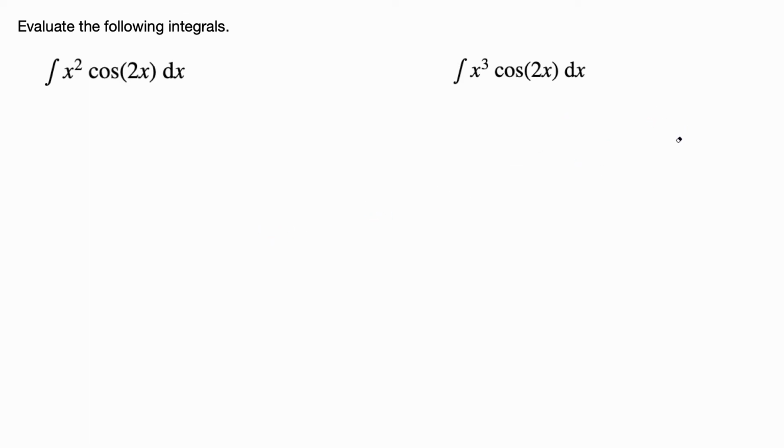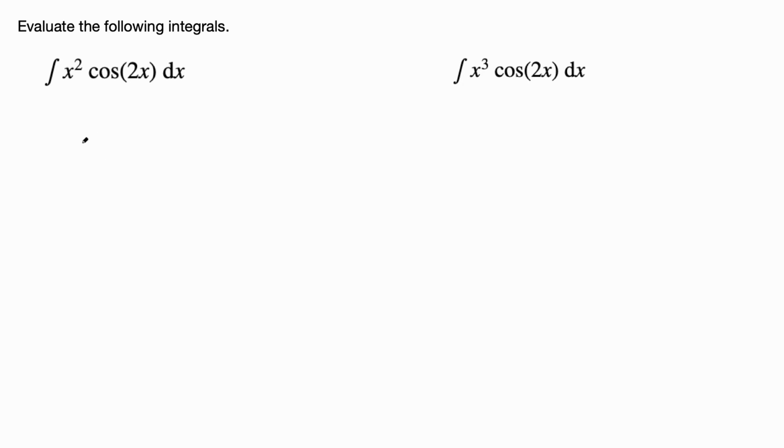we can use a shortcut of integration by parts, the tabular method. Because in this case we would have to do integration by parts twice because of x squared, and three times for x cubed, but we can put it all in one table.